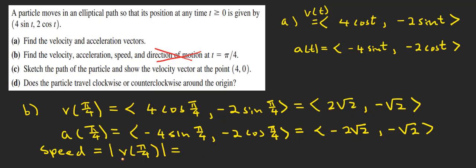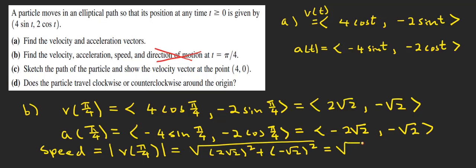To find the magnitude, it's going to be the square root of 2 radical 2 squared plus negative radical 2 squared. And that's going to be 8 plus 2, which is radical 10. Now again, don't worry about finding the direction of motion. We don't need to worry about that.